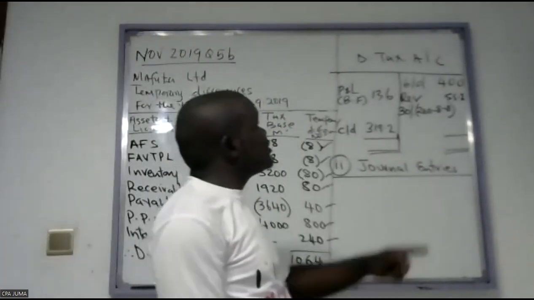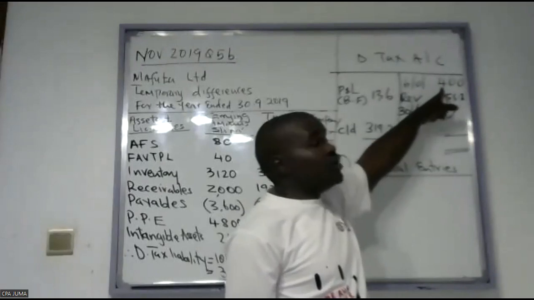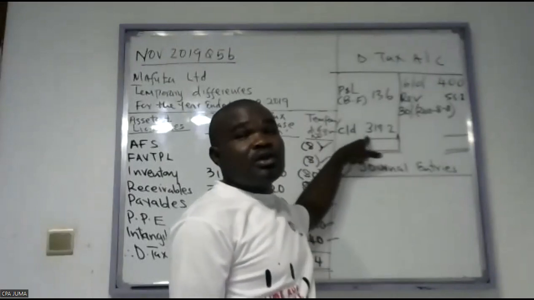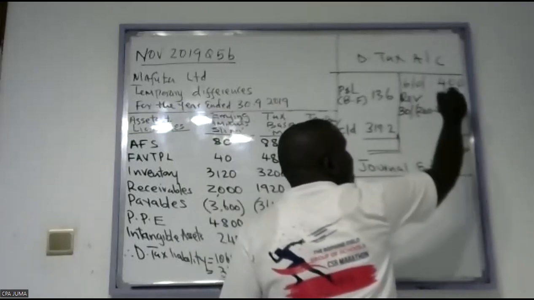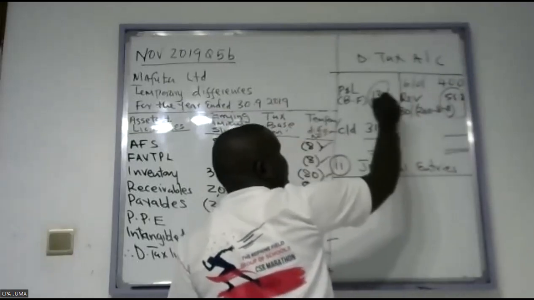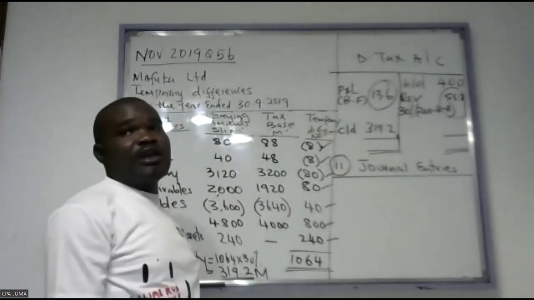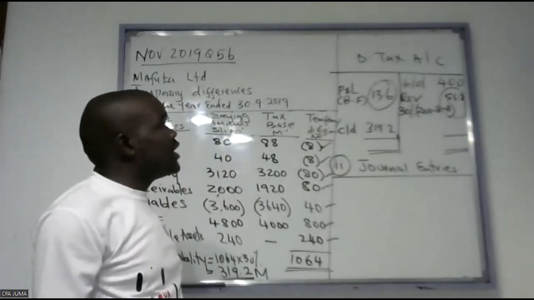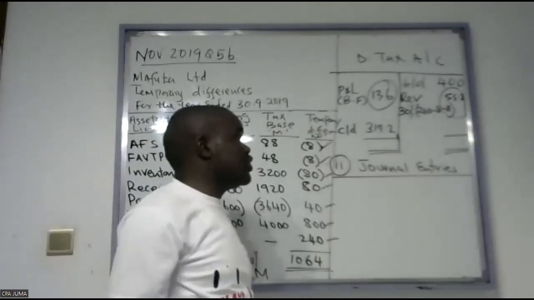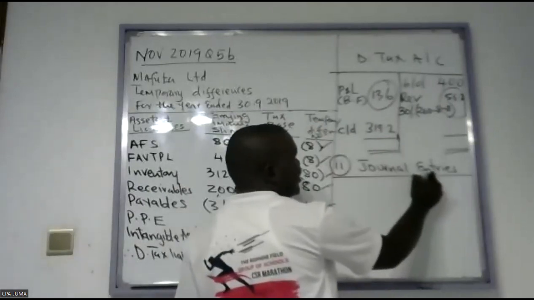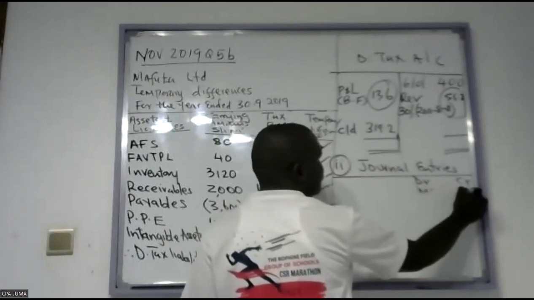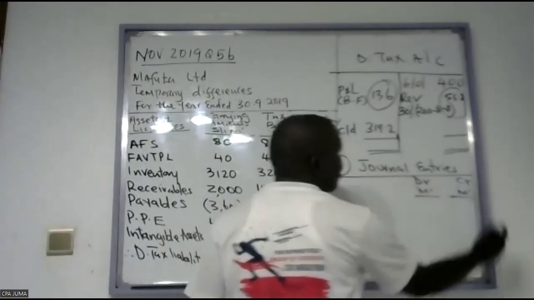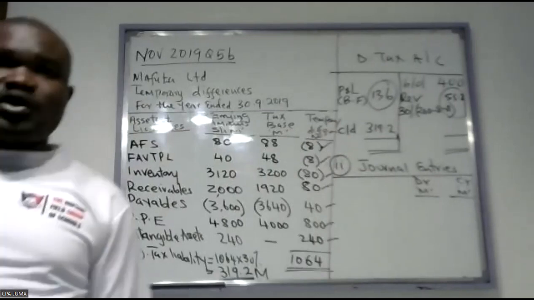Changes means how it came from 400 to 319. What made it come from 400 to 319 are these 2, so these are what you take to the journals. You can start with any; let me start with the revaluation. For journals, we just say DR, CR, of course shillings are in millions. You tell us which account to debit and which one to credit.